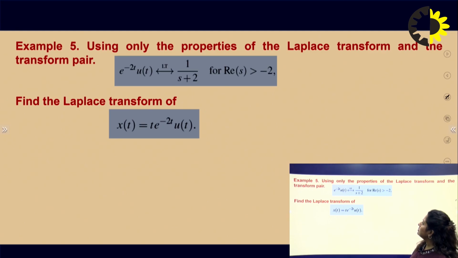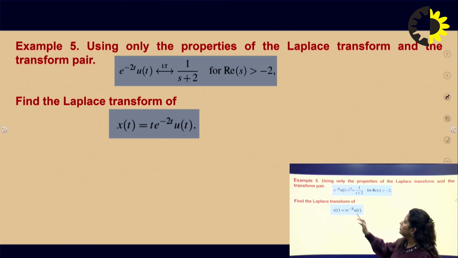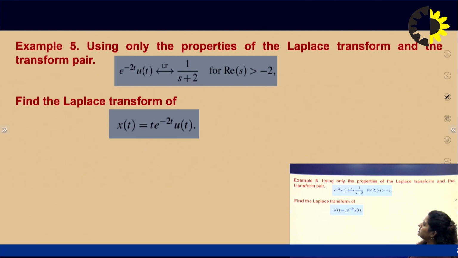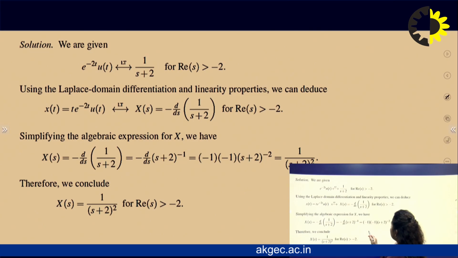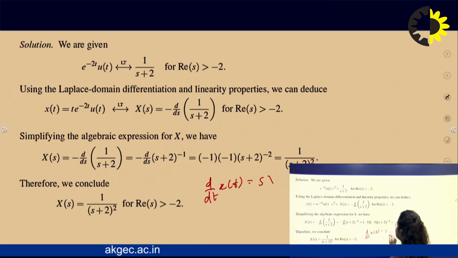Using only the properties of the Laplace transform pair, we have to find out the Laplace transform of x(t) equivalent to t e to the power minus 2t u(t), given that the Laplace transform of e to the power minus 2t u(t) is 1 upon s plus 2. So here we take the time domain differentiation property, that is the Laplace transform of d by dt of x(t) is s X(s).